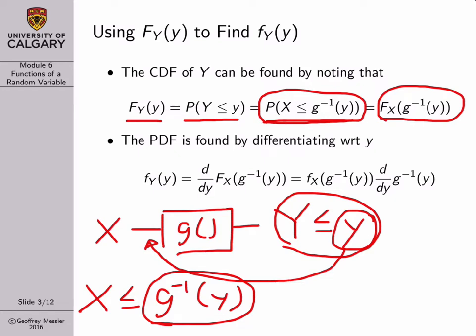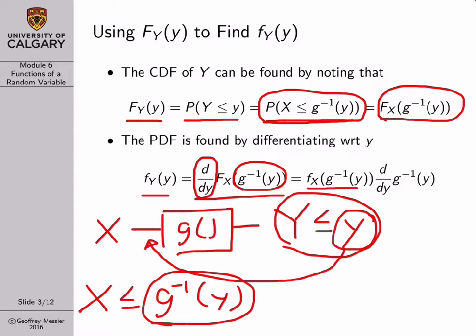Then you can find the PDF of y just by taking the derivative of this expression. And again, we're taking the derivative with respect to lowercase y because all instances of lowercase x have been replaced by the inverse function.